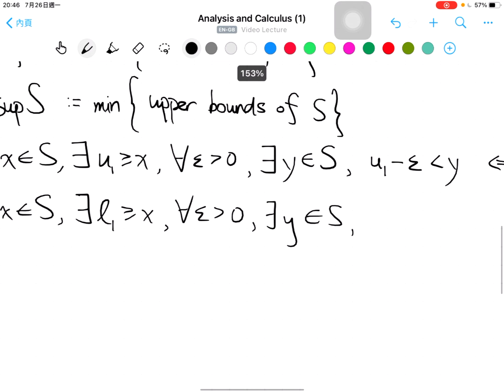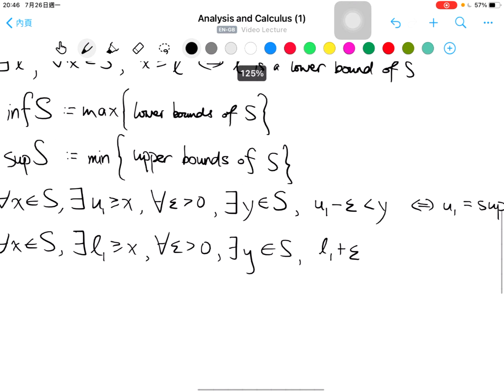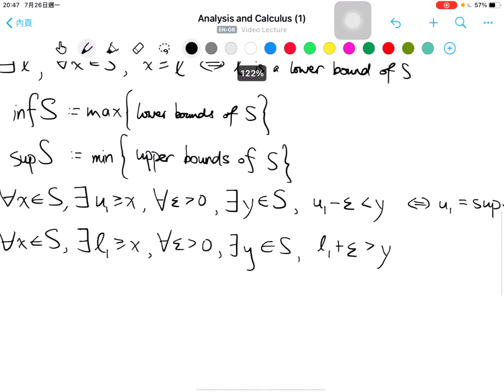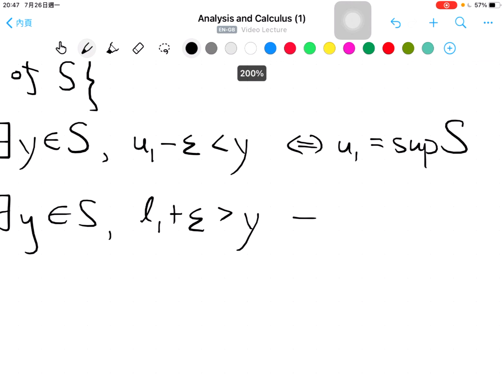If we add something to one of the lower bounds of the set, it's going to be larger than something in the set. Then this lower bound is going to be called an infimum.